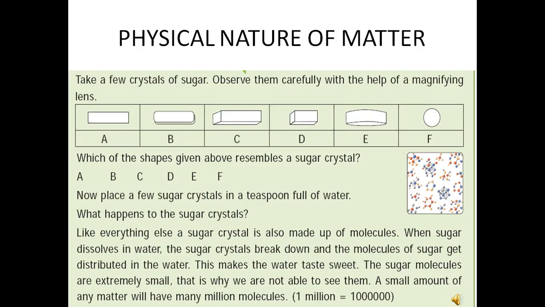A small amount of matter has many millions of molecules. Molecules are made up of atoms. Atoms are the smallest particles. Here the blue color is sugar molecules and the red color is water molecules.